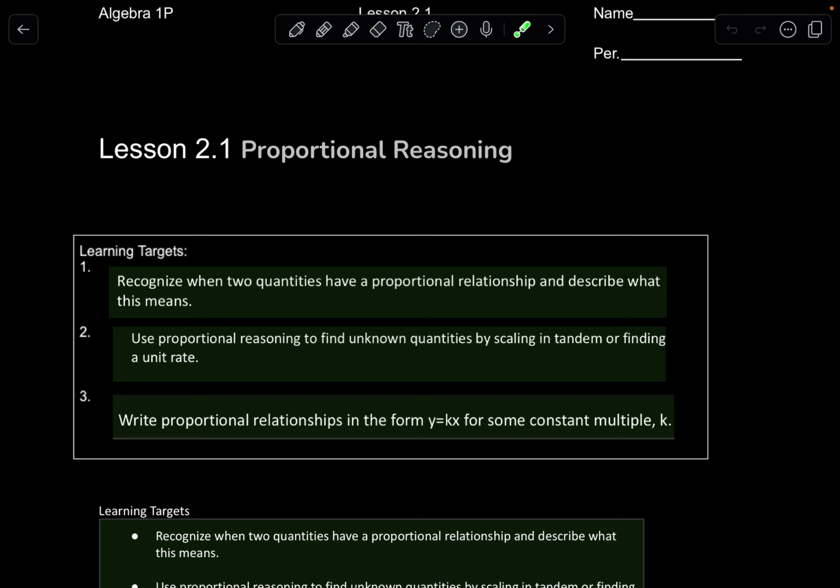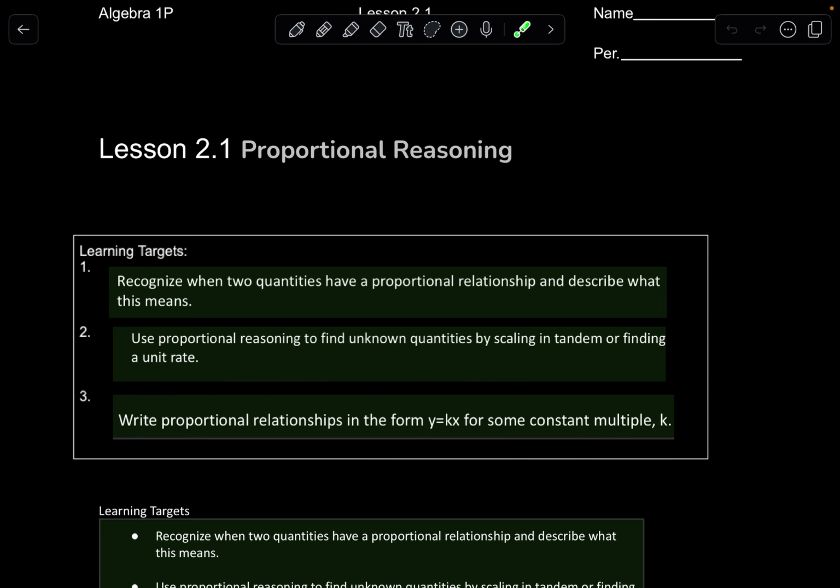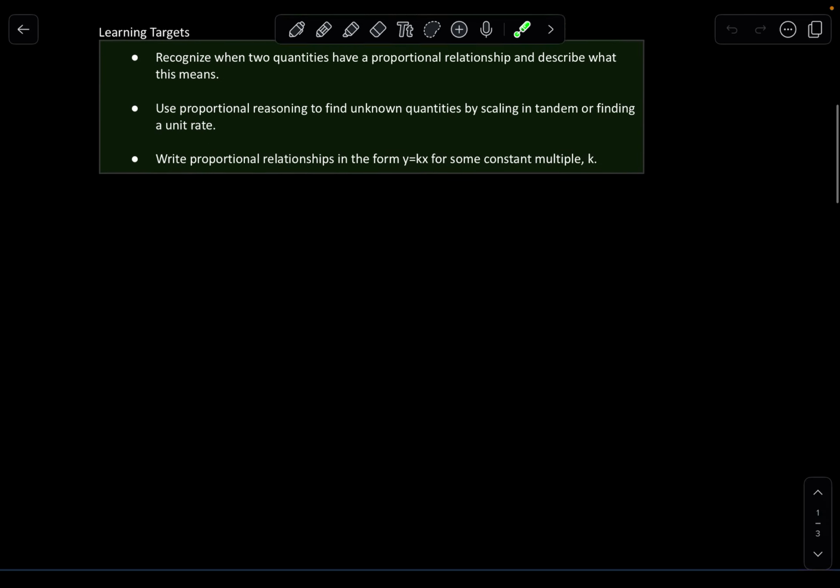I prefer the unit rate method, but I will also do my best to show you the scaling in tandem. And finally, we're going to generalize what we figured out for proportional reasoning and write a proportional relationship in the form y equals kx for some constant multiple k.